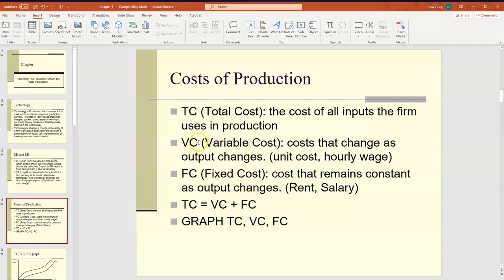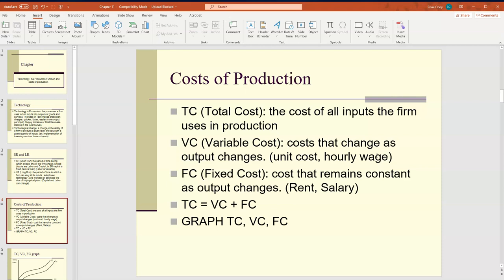Now, the best example of variable cost is basically a cost that changes as output changes. A really good example of that is hourly wages. So if you don't want to produce anything, then you basically don't have any variable costs because you don't have to hire anybody. But you do have fixed costs.